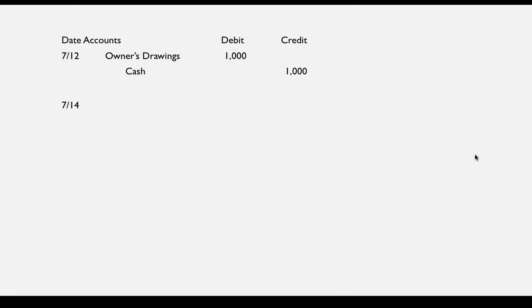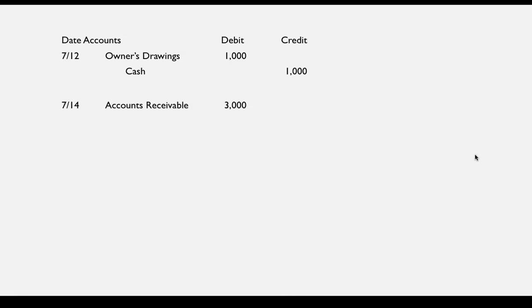And when that happens, what we call that is accounts receivable. So we will be receiving the money later on. So it's accounts receivable. That's an asset account. So it is increasing with this debit of $3,000.